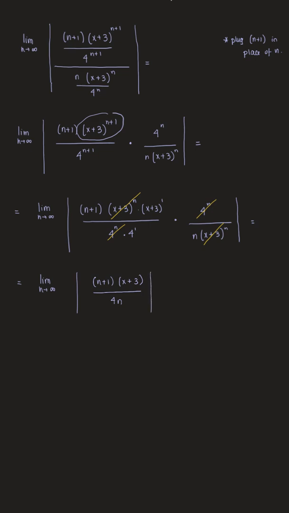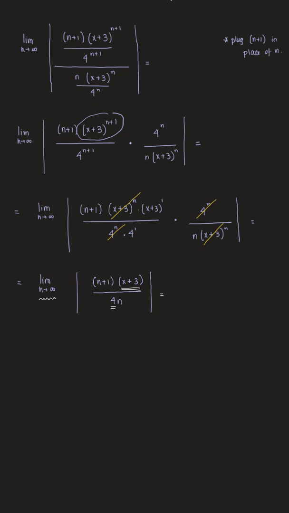Now, x plus 3 does not depend on n growing large. Neither does this 4. So we're about to take the limit as n goes to infinity, but I'm going to factor the x plus 3 and the 4 out of the limit because those terms are not affected by n growing large.